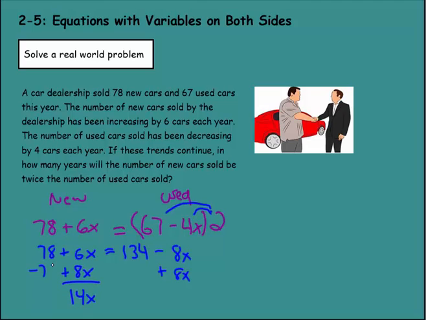We could subtract the 78 from both sides. And that gives us an answer of 56. So 14x equals 56. 14 goes into 56 4 times. So x, which stands for the number of years, equals 4. So we'll say 4 years.